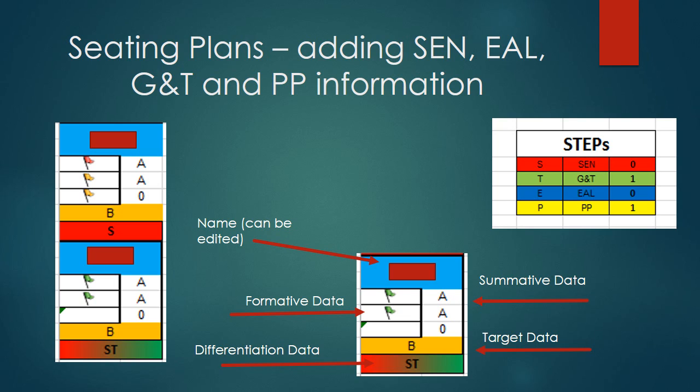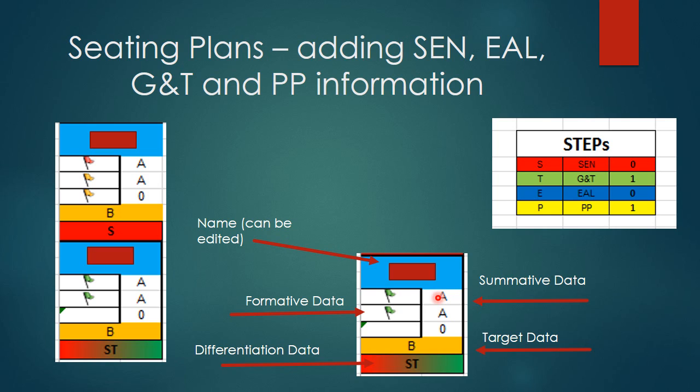So for each student, they have, of course, their name at the top. This name could also be given as a nickname or even just their initials if you don't want a full student name to be given for various reasons.